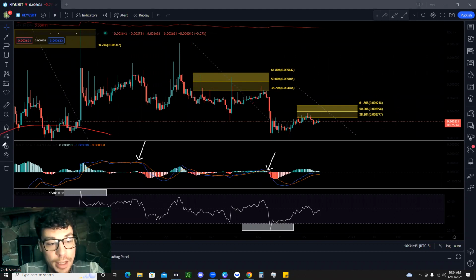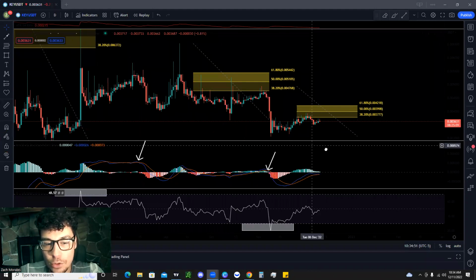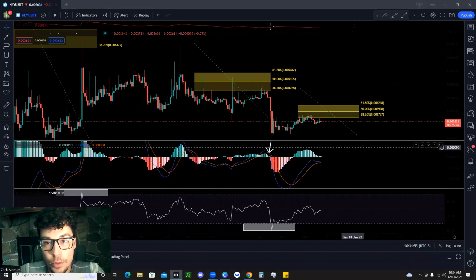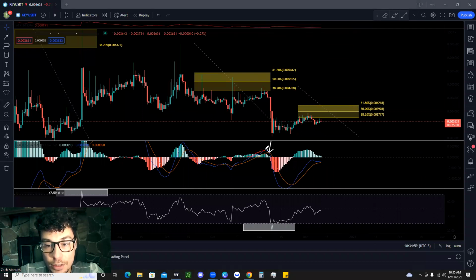But now I want you to take a look at our MACD right down here. A sell signal on the MACD, we'll zoom in a little bit so you can see it more clearly, is going to be when this blue line crosses below the orange line. We'll see it's trading above and then it crosses below. That's going to be your exit signal.